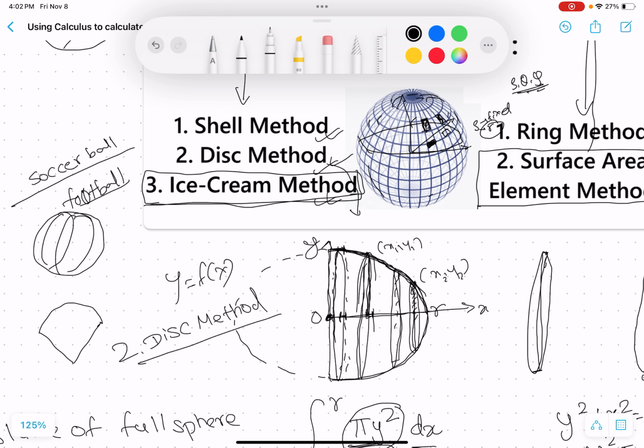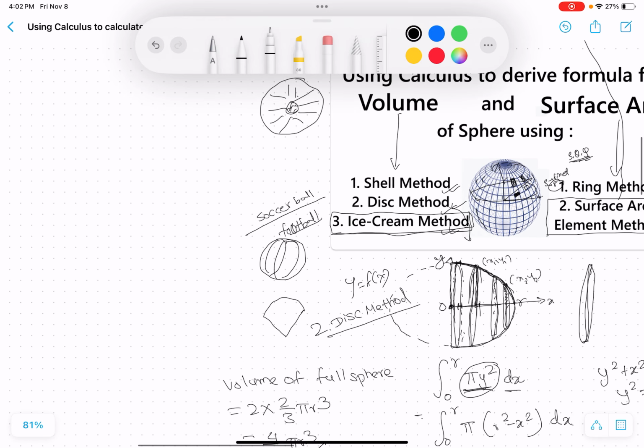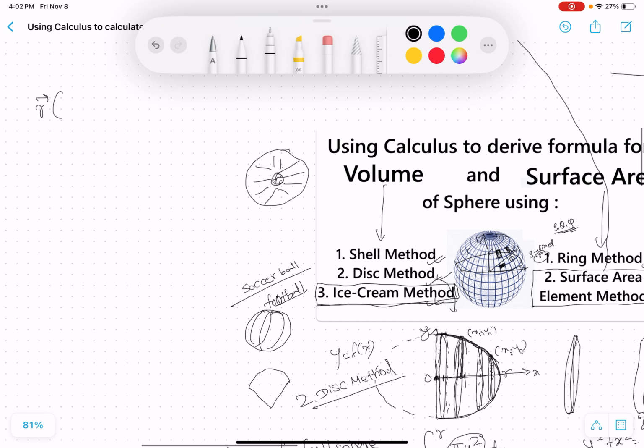So yeah, first of all, we know that the boundary of the sphere can be parameterized in terms of theta and phi, and the x coordinate in the surface of the sphere.